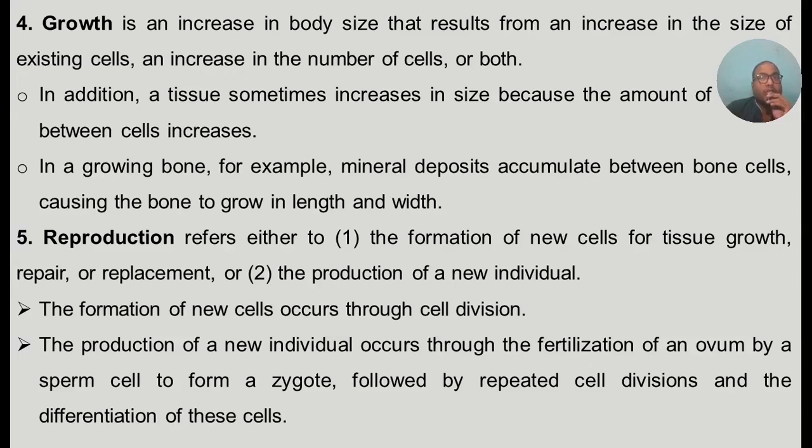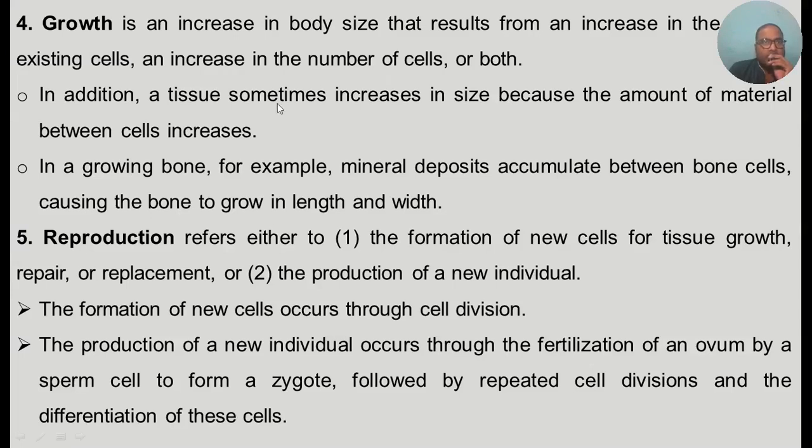In addition, a tissue sometimes increases in size. Earlier we were talking about the number of cells and size of cells. If the number of cells and size of cells increase, it's called growth. If the number or size of cells is increasing, that ultimately means tissue size is also increasing, because tissue is made up of cells.